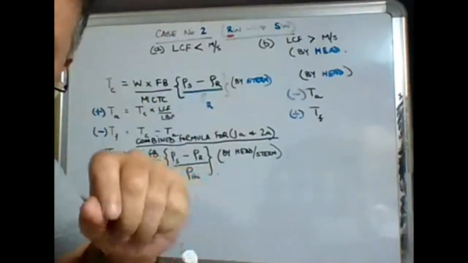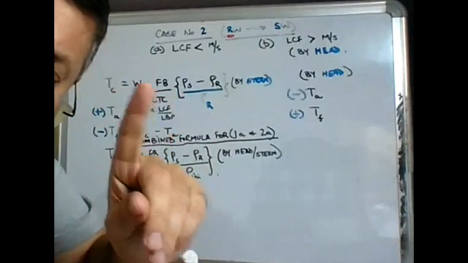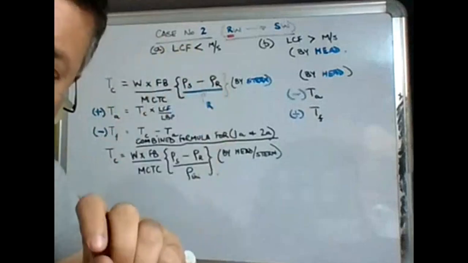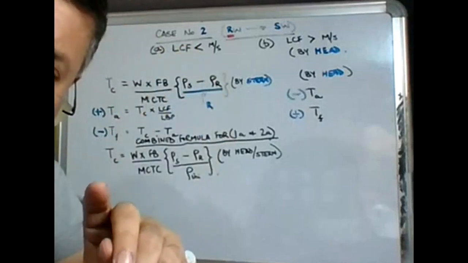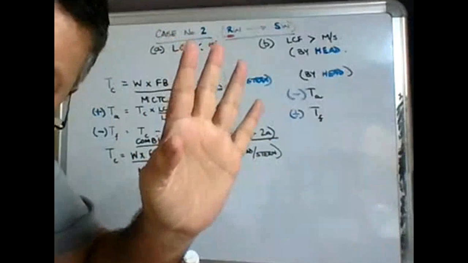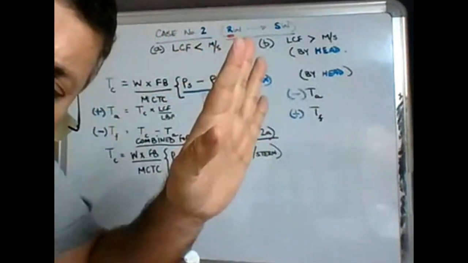If trimming moment is by stern, what will be the sign of TA? TA positive, TF negative. Agreed?